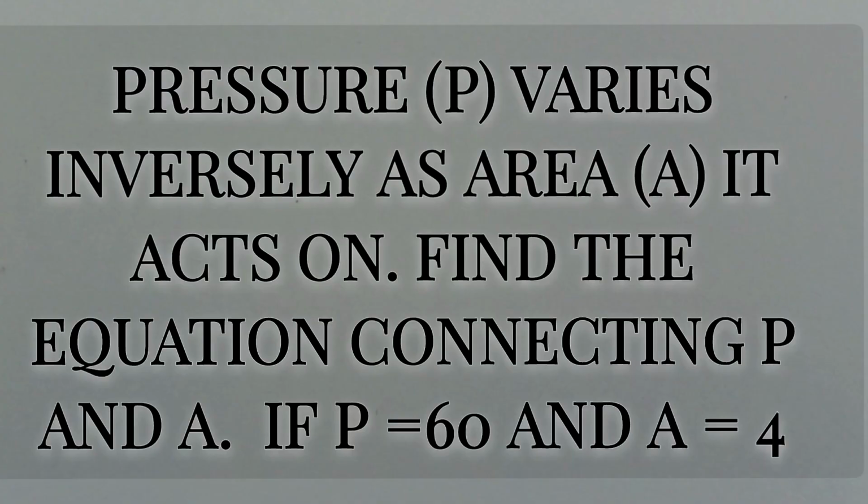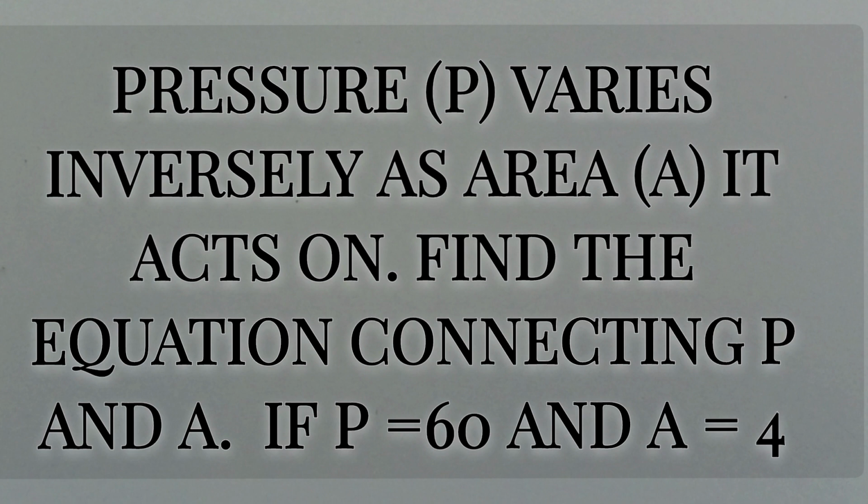So let's consider example number 2 for further understanding. Consider the question appearing on your screen. The question reads: pressure, denoted as P, varies inversely as the area, denoted as A, it acts upon.